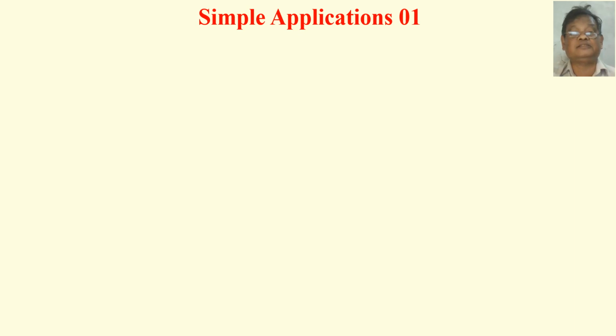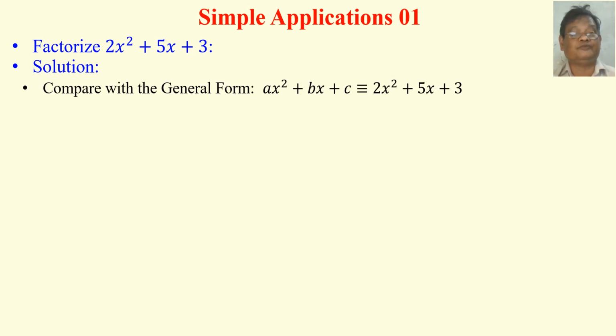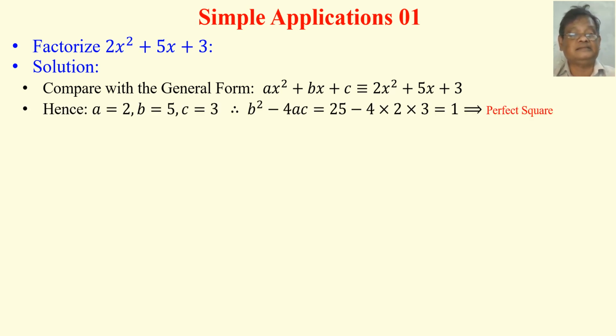Simple applications 1. Factorize 2x squared plus 5x plus 3. Solution. Compare with the general form ax squared plus bx plus c, which is identically equal to 2x squared plus 5x plus 3. Hence, a equals 2, b equals 5, c equals 3.